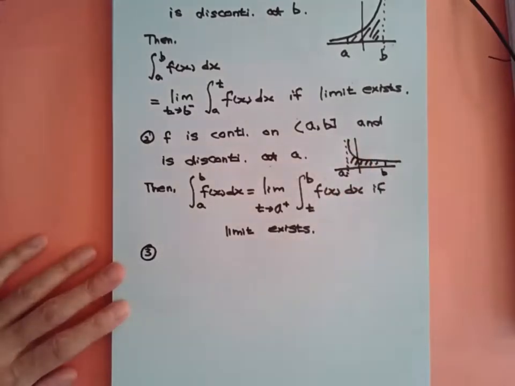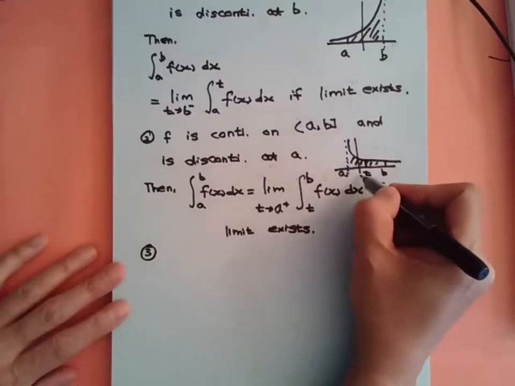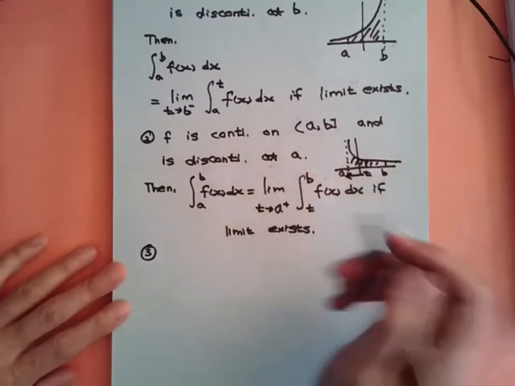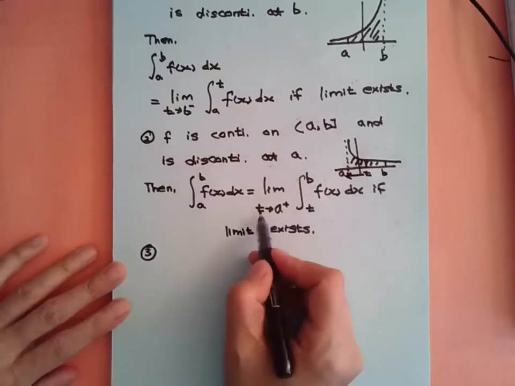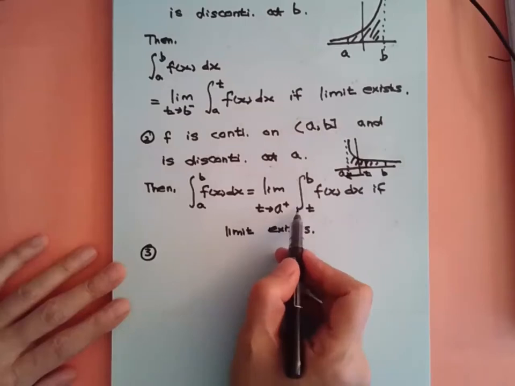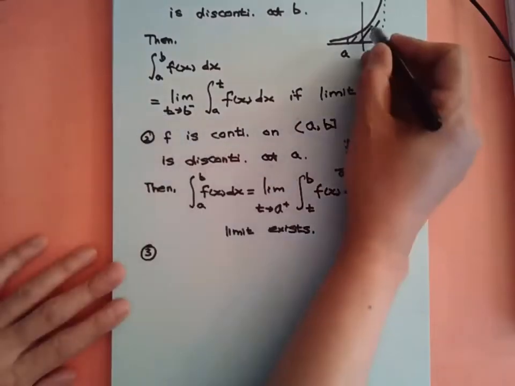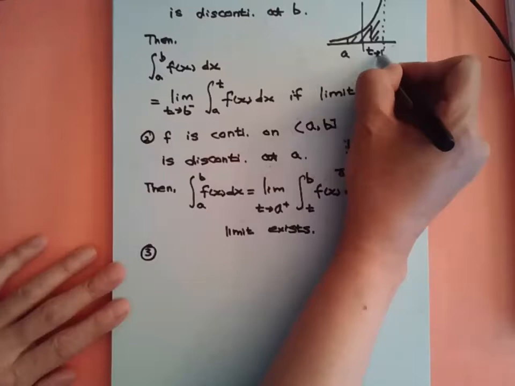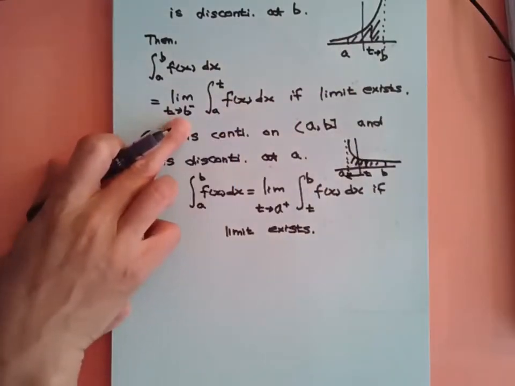And so what we are doing is we think about t here and then push it toward a. So that is from the bigger number, so I put a plus sign here. That means t goes to a from the larger number. For this part, the t was here, and t is approaching b from the smaller number, and so I put a minus sign here.